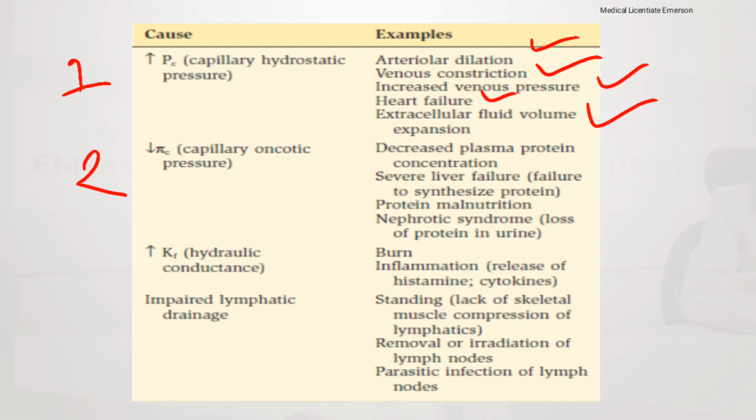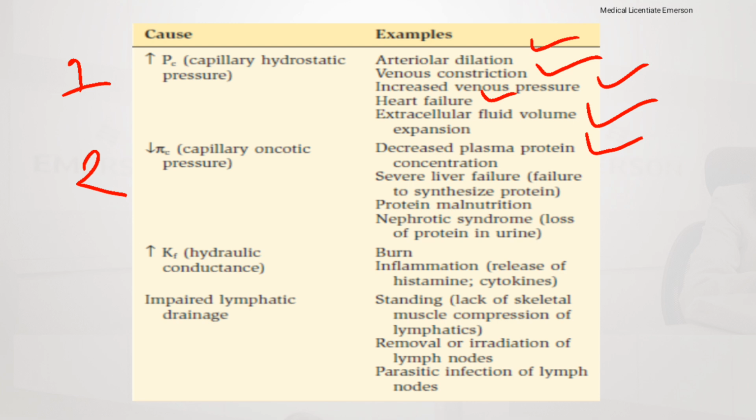Then the other cause could be decreased capillary oncotic pressure. So what are we talking about exactly? If you have decreased plasma protein, the number one culprit is albumin. If albumin starts decreasing, it is also going to decrease the capillary oncotic pressure.